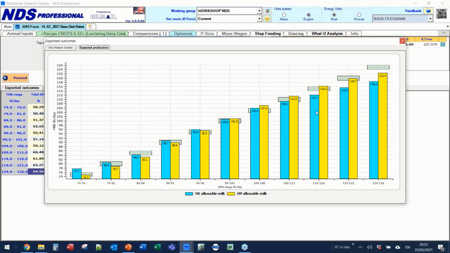So our expectation is that in reality, in this section the energy is not really short because it is partially provided by body condition score losses.